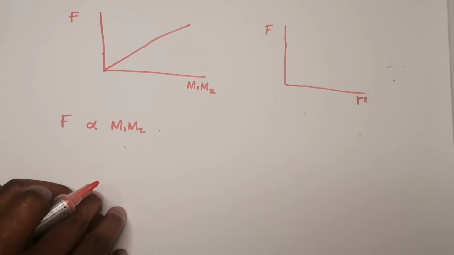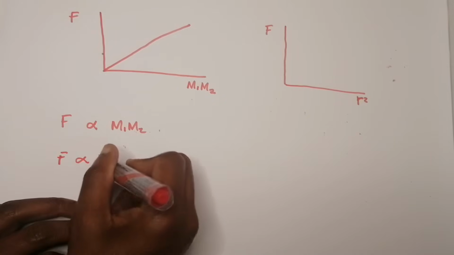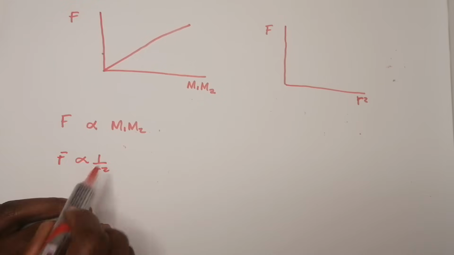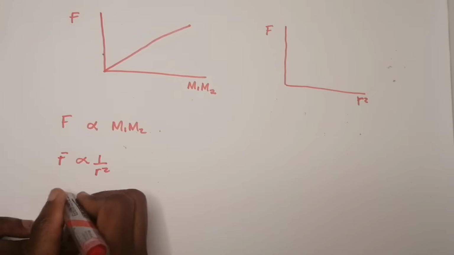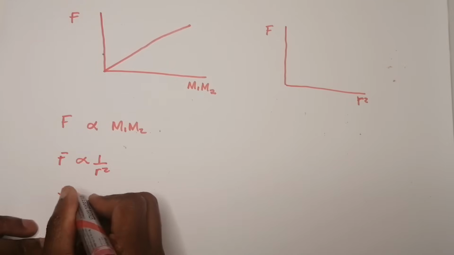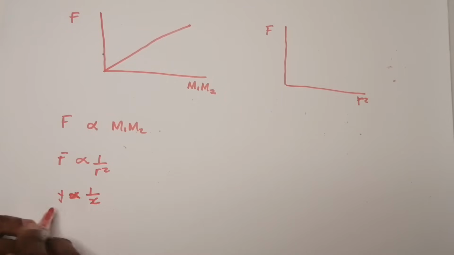Because it's inversely proportional to the square of the distance, what I would find there, probably most of you have done maths: if I draw a graph of the inverse, y is equal to something over x, this would be a hyperbola, right?